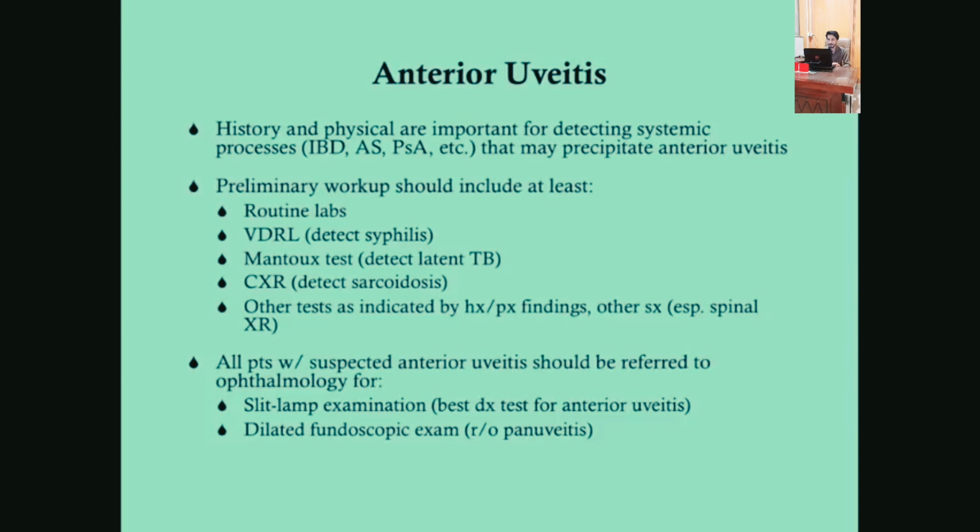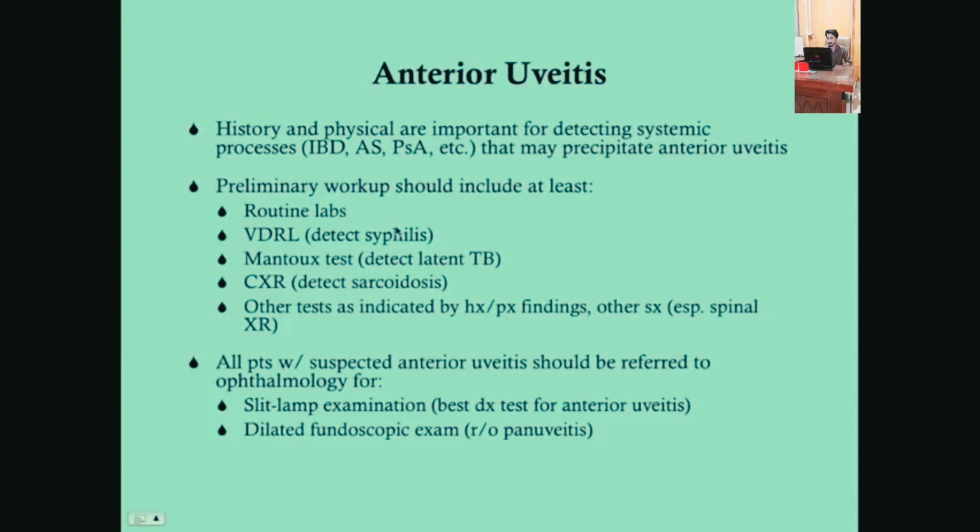All of these are associated with anterior uveitis. And so if any of these are present, you want to know, because it definitely is going to increase the likelihood of anterior uveitis being the diagnosis.